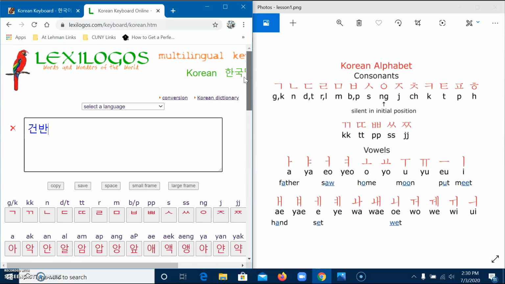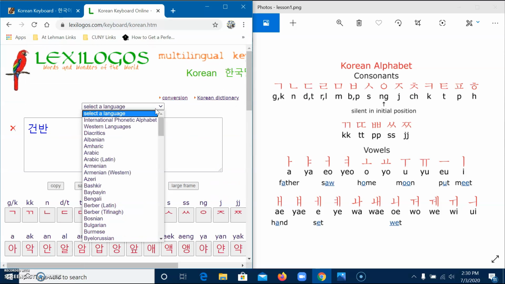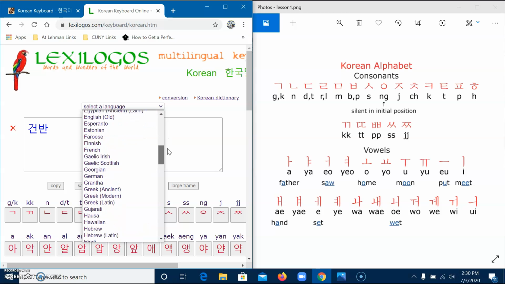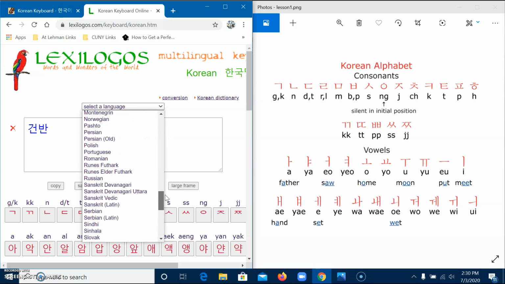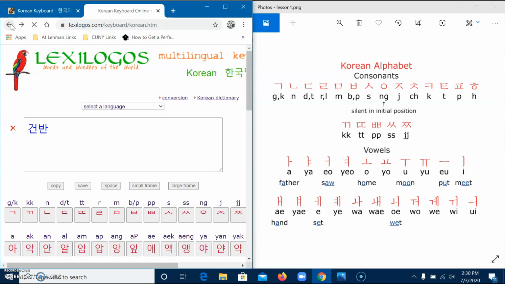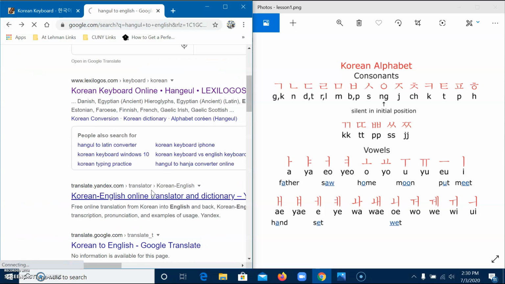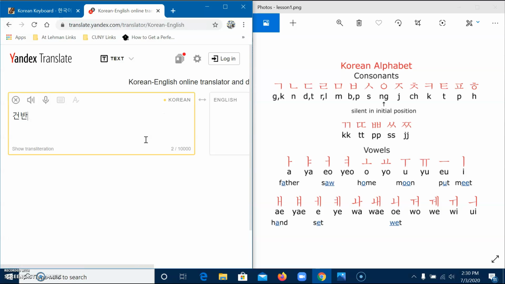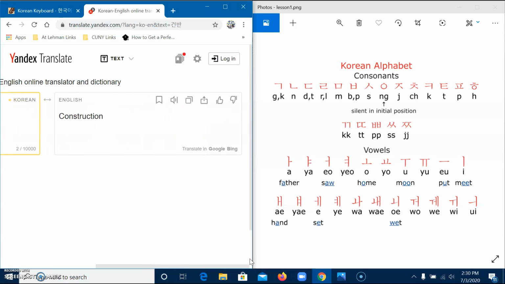Is it going to tell us what it is? Oh. Okay, that didn't work out so well. But according to this website, it means construction.